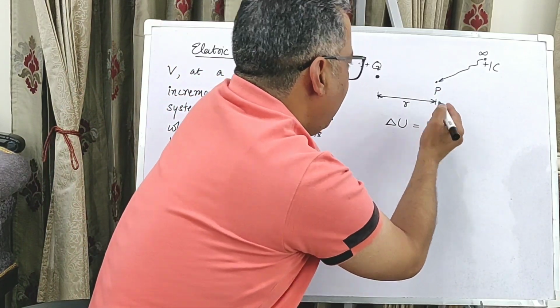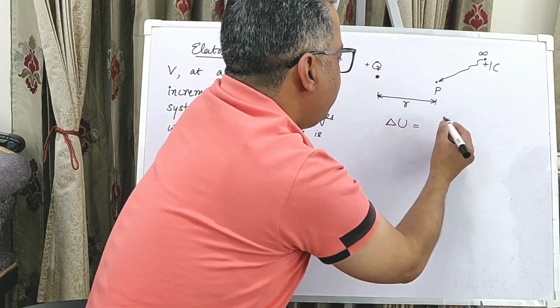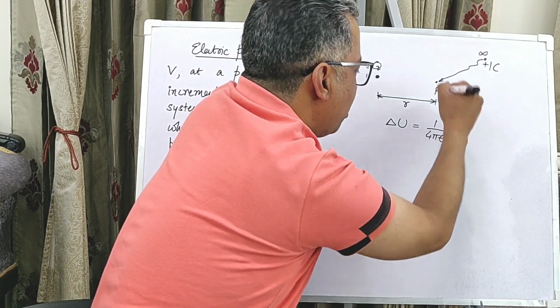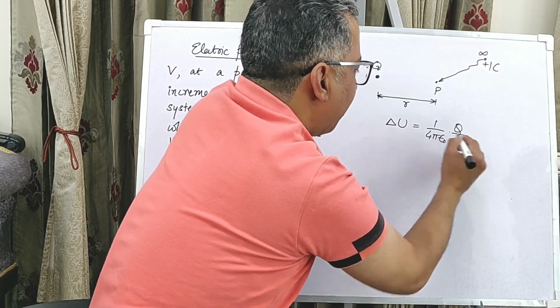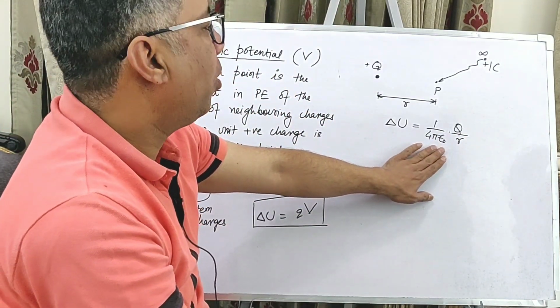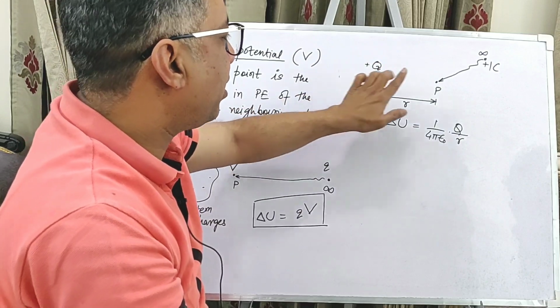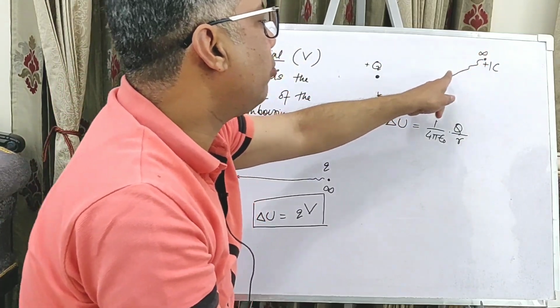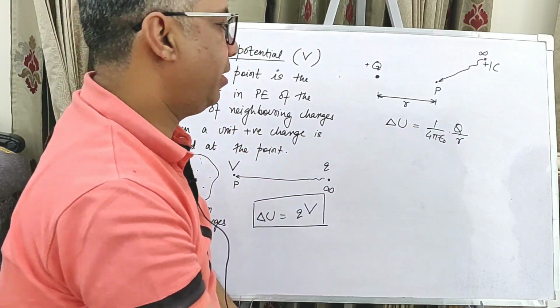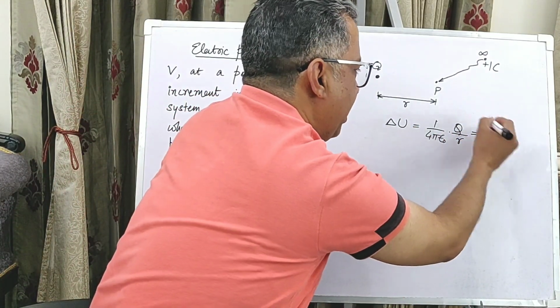It will be the potential energy of the system of two charges, which is now 1 by 4 pi epsilon naught Q times 1 by R. That's the change in potential energy of the system of charges when a plus 1 coulomb charge is brought to this point. This, therefore, is the potential V at the point.